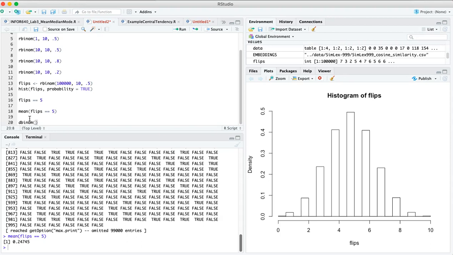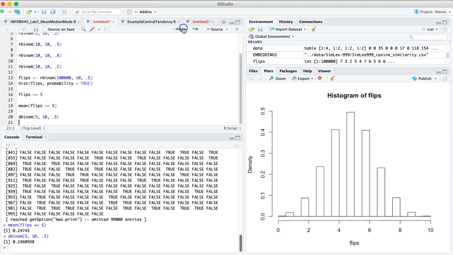All right, so the way that we calculate this is we say how many times we have a positive outcome. So for us, we want to know when heads comes up 5 times. So this 5 represents our flips up here, and there's 10 flipping events, and it's a fair coin.